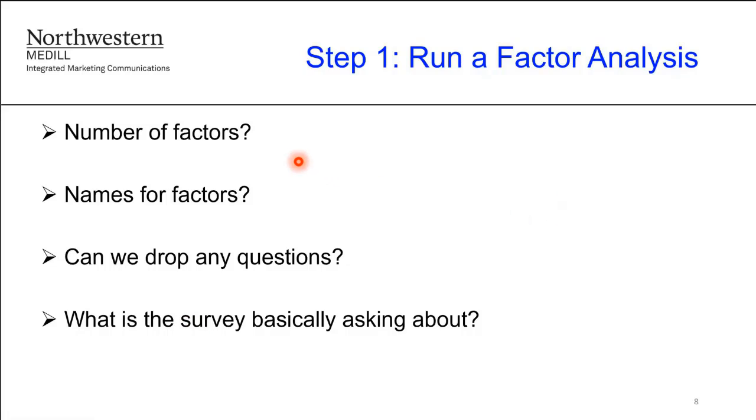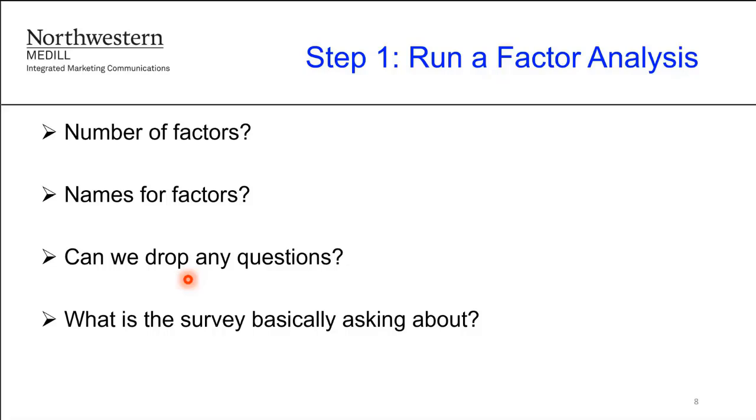If you want to know more details about how to decide the number of factors, how to name the factors, or how to drop any questions from the survey, please go back to the previous lectures, okay? We are more focused on the regression model using factor analysis in this lecture, okay?